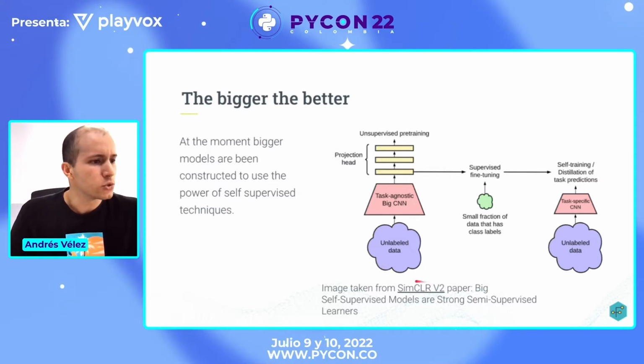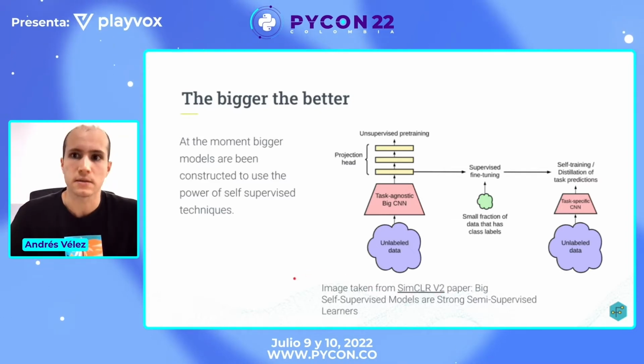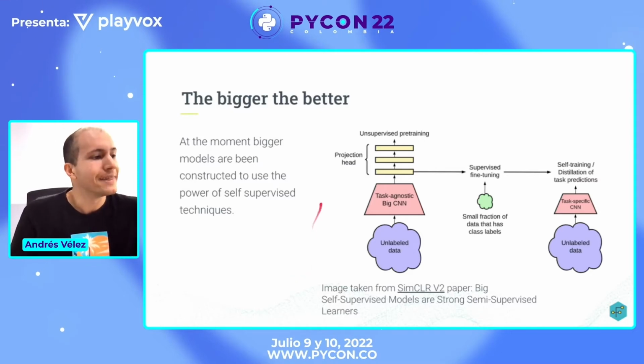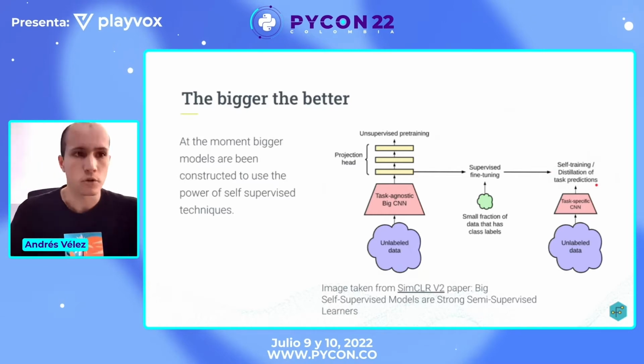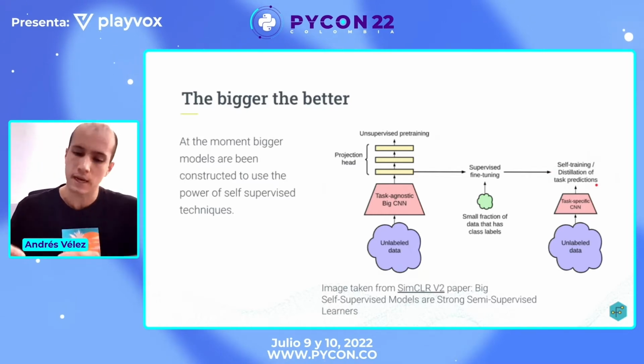If we take a look at SimCLR v2, the methodology to train models using unsupervised techniques, the authors introduce in their pipeline a model distillation component. So once the model is trained in an unsupervised way, they propose to apply model distillation to deploy the model, or actually to use the model in a compressed way.